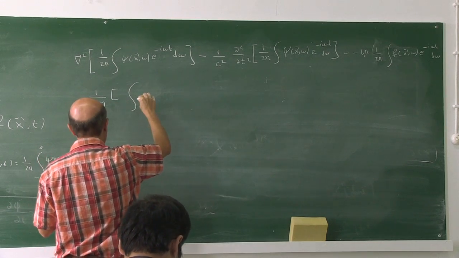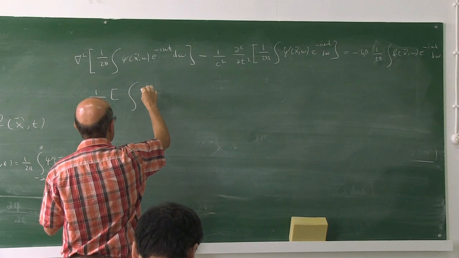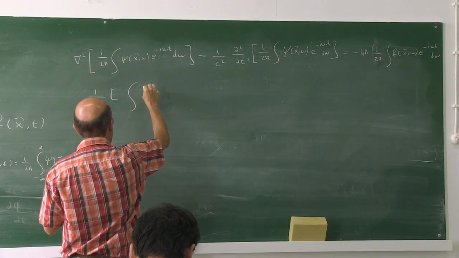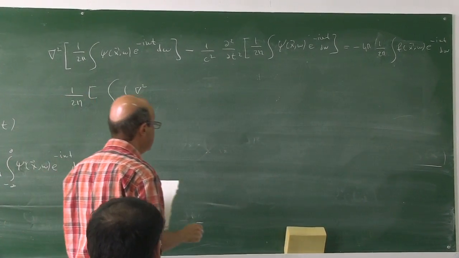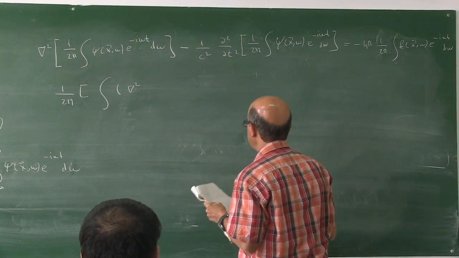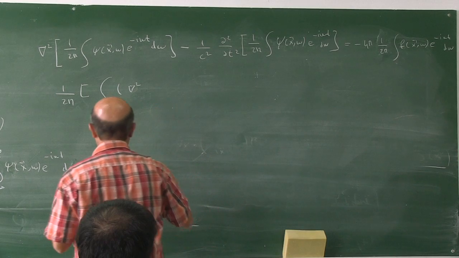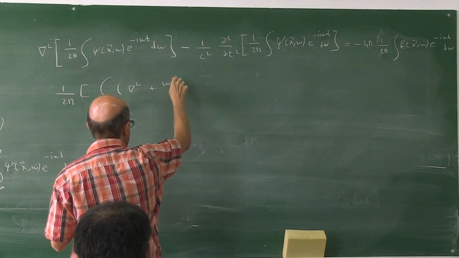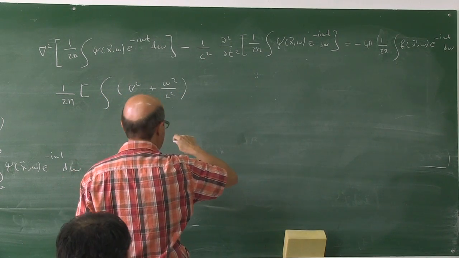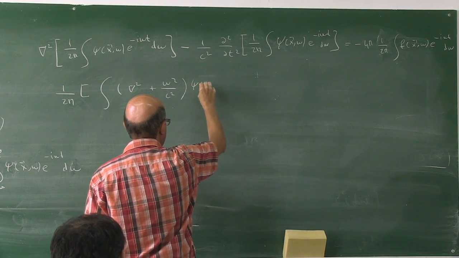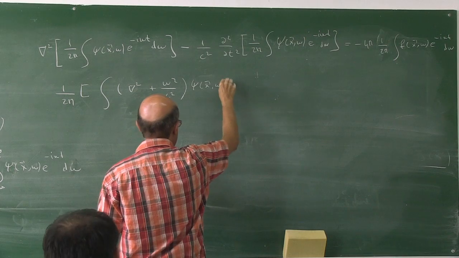Take the integral outside, and that will be equal to, from the first one, the Laplacian. From here, two time derivatives make omega square plus omega square over c square, times psi(x,omega).